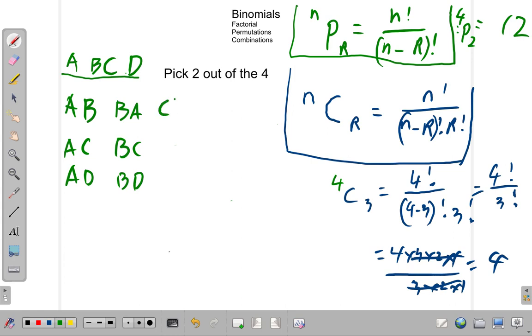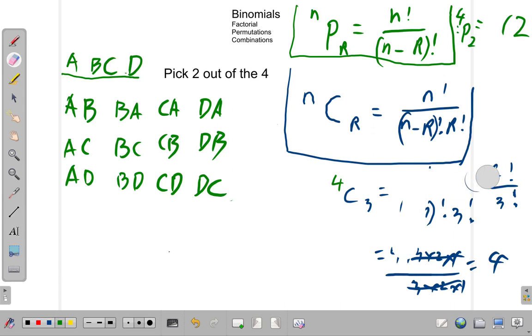So you have CA, CB, CD, or you could have D first. So you have DA, DB, DC, nothing else is there. So you have 3, 4, 12 of them. Alright. So the permutation is 12 permutations.